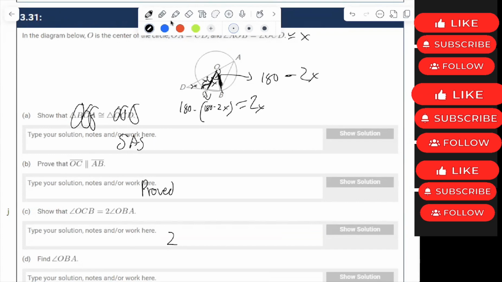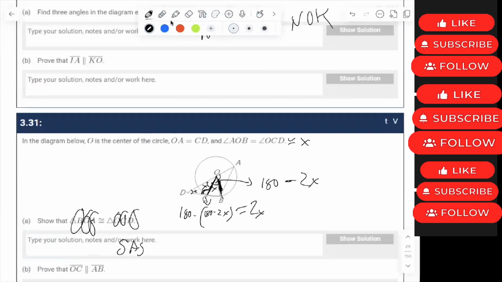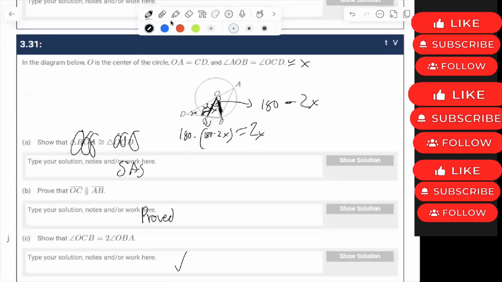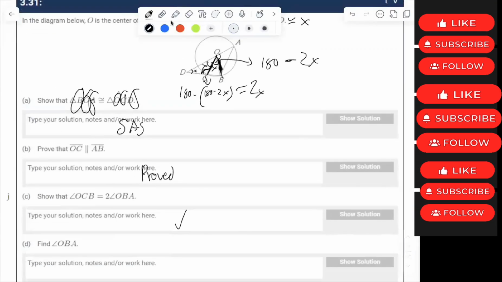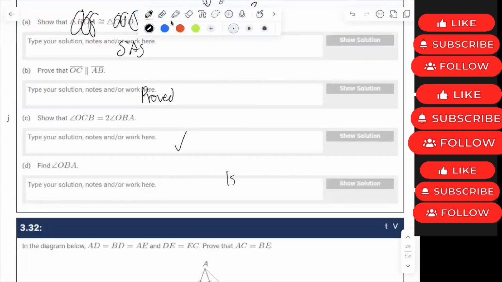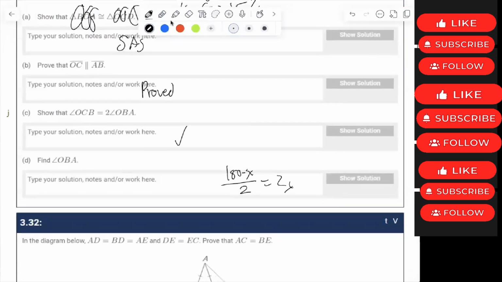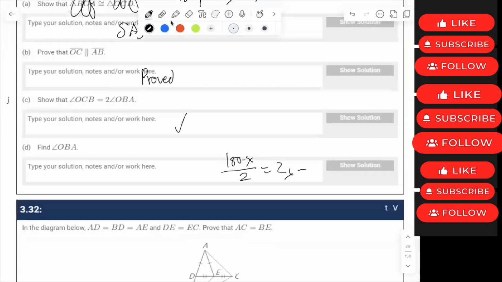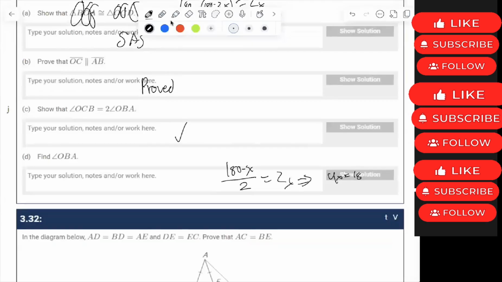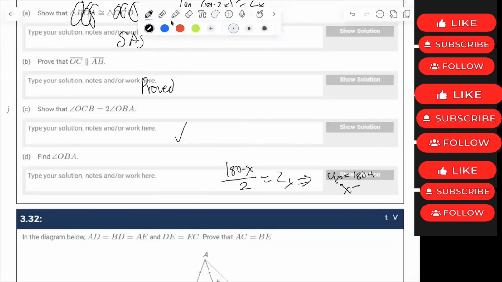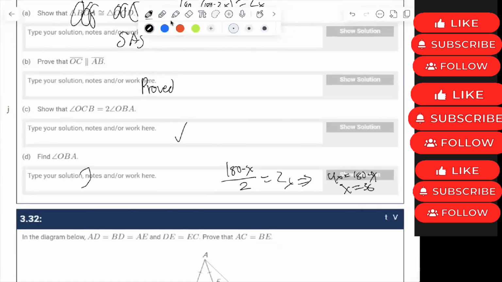This is an isosceles triangle, which is telling you that the base angle is equal to (180 minus x) divided by 2. So we know that (180 minus x) divided by 2 is equal to 2x from the previous one, which results in 4x equal to 180 minus x, so x is equal to 36. The answer is 36 degrees.